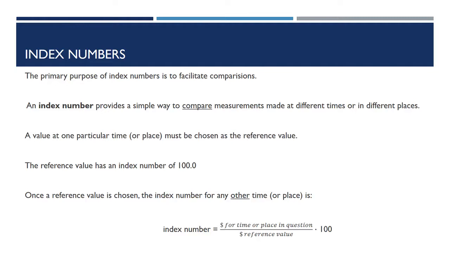Then it's multiplied by 100, because money over money gives us a ratio, a fraction, and we want to change it back into a percentage. We're multiplying by 100 because the reference value's index is 100.